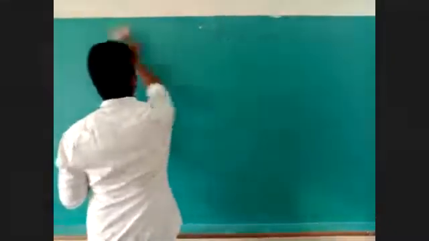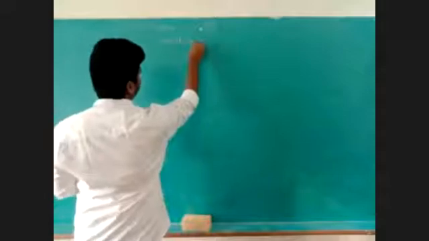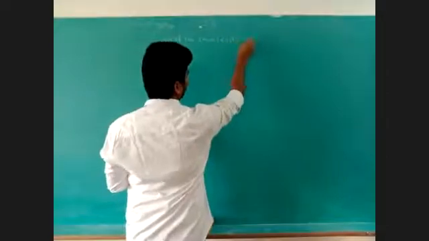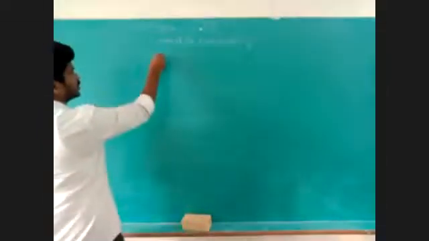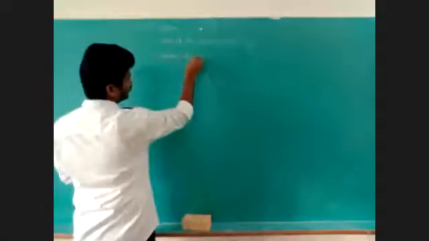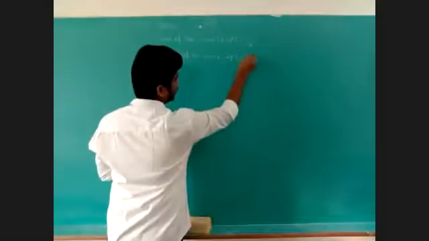Alpha plus beta is given as 1 by 4, and the product of the zeros, alpha into beta, is given as -1. Sum of the zeros and product of the zeros are given.